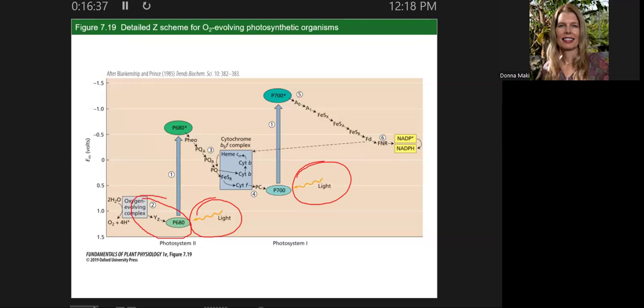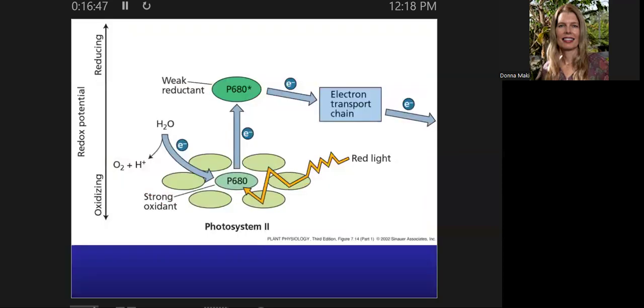Okay, so this is a pretty thorough diagram. It's actually showing pretty much all the players in the game here, but we do need to get into this in a little bit more detail. So one of the things that when they pieced this all together and they realized that, oh, there's actually two photosystems that are involved and they're linked in this long chain with lots of other players that are doing the job of passing electrons from donor to acceptor.